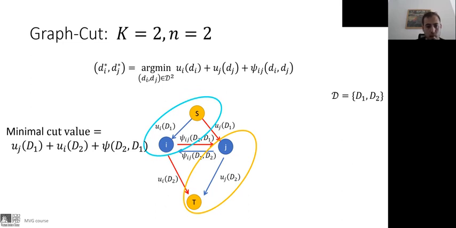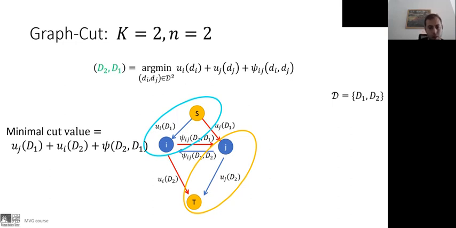D2, D1. Exactly. Could you explain again why we're considering only some of the edges between nodes I and J, those edges which have capacity V, like D2, D1 and D1, D2? Why are you highlighting only one of them in each case?